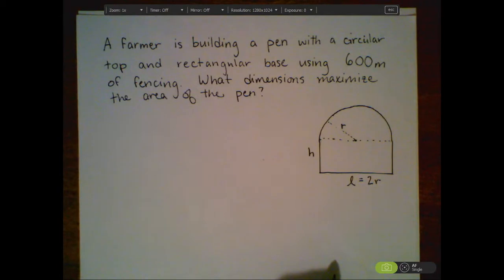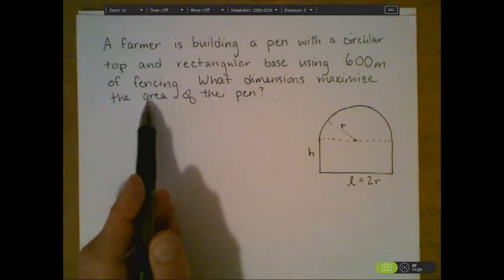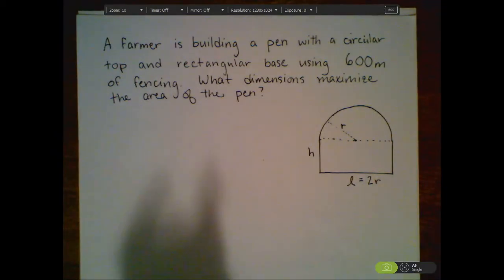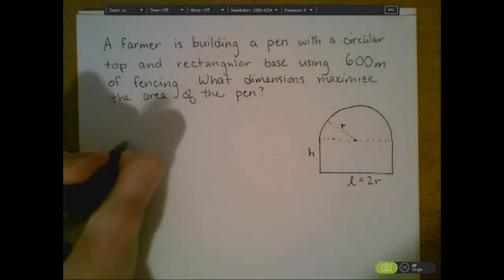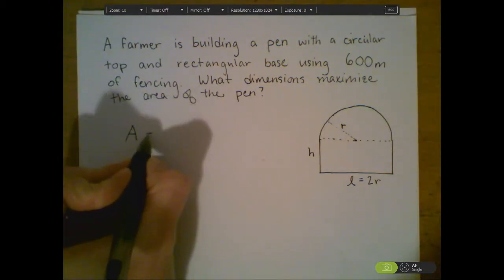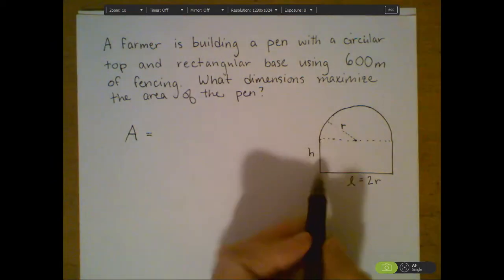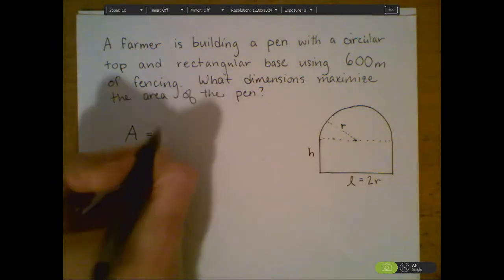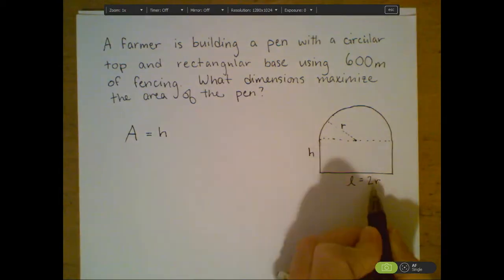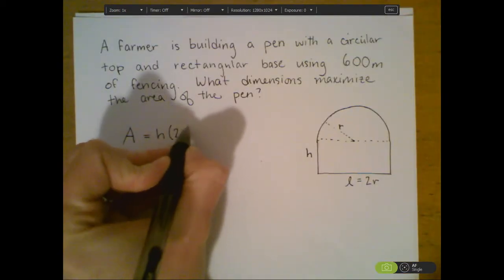We have a couple of equations that we want to deal with. It's telling us that we want to maximize the area of the pen. So I need to come up with an area equation for this pen. Recall that the area of the base of this pen is just going to be length times width, or in this case my variable h for height, times 2r, which is the length.